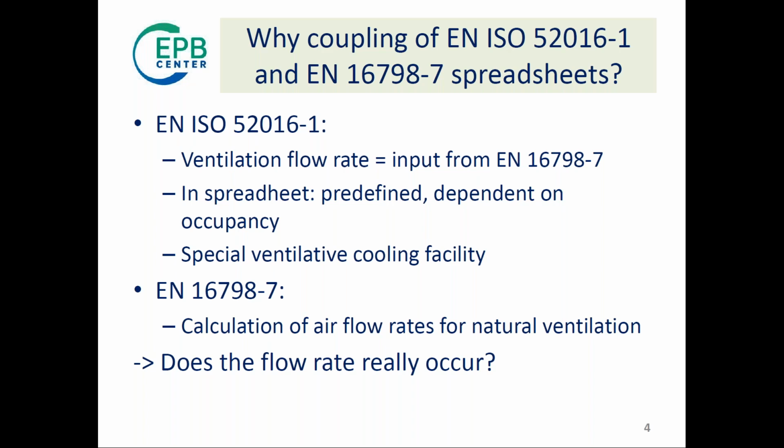In the current spreadsheet, it's just using predefined values dependent on occupancy if it is run standalone. And there is also in the current spreadsheet a special ventilative cooling facility, but also operating on these predefined volume flow rates.